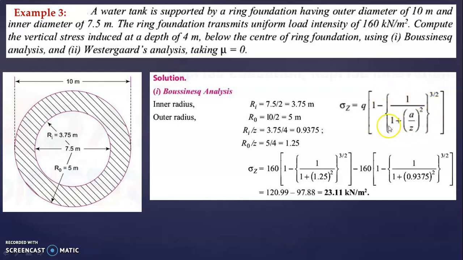The same formula you have to apply 2 times because it is a hollow ring. So outer minus inner you have to calculate. So similarly this is related to inner ring values, that is a by z for inner is 0.9375. So substitute in this equation, you will get the value 23.11 kilonewton per meter square. I hope all of you understood that.